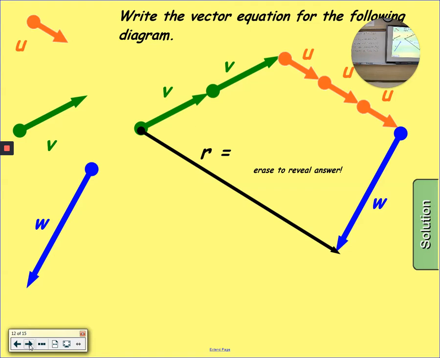Start with where the starting point is. How many are there? Okay, so you're starting out with 2v. Plus. Going in the same direction. Plus 2w.